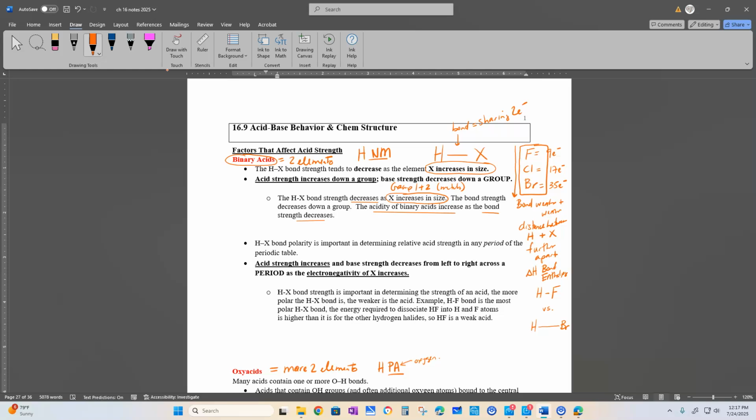Because that distance between each other is further away, this is weaker, which means the acid is stronger because I can break that bond much easier. Okay, so when you're looking at a group, you have to look at the size of the atom.